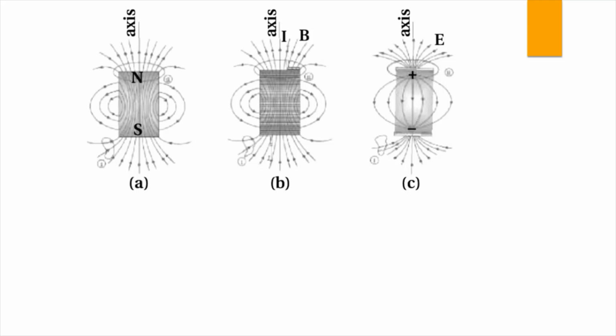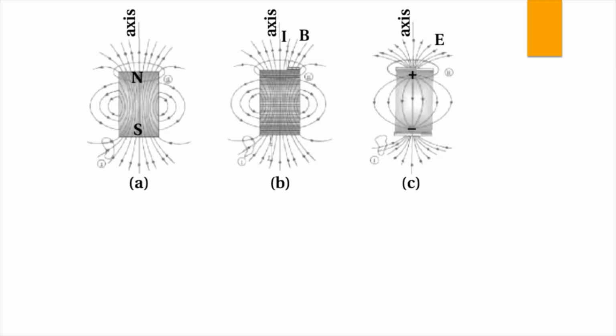Well, in figure C, an electric dipole is indicated. You can see that in figure C, electric field lines emerge from the positive charge and end at the negative charge.